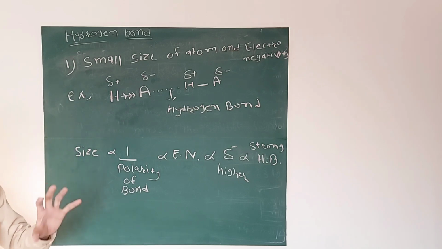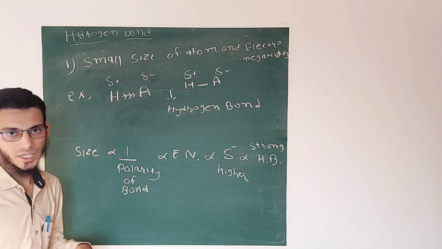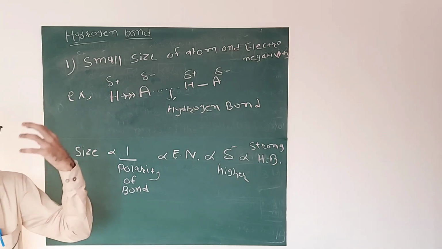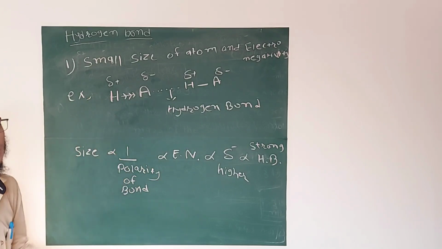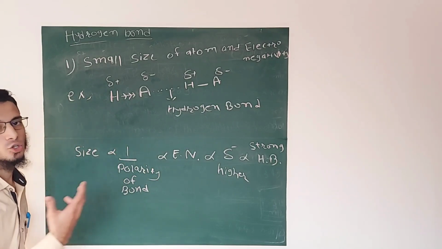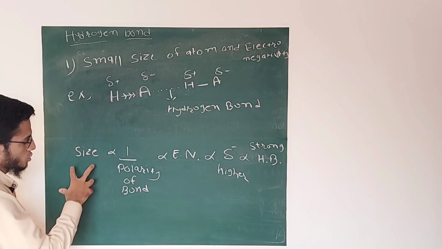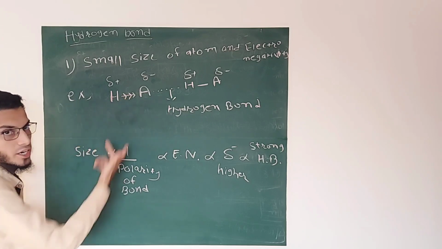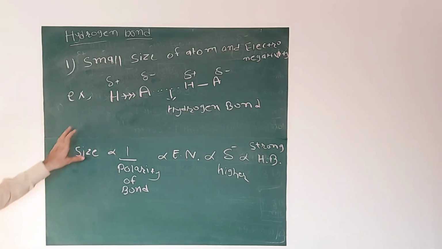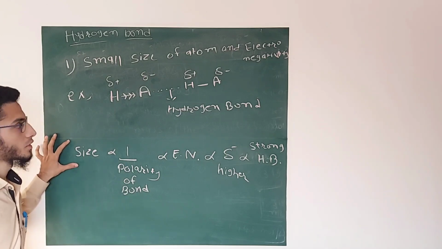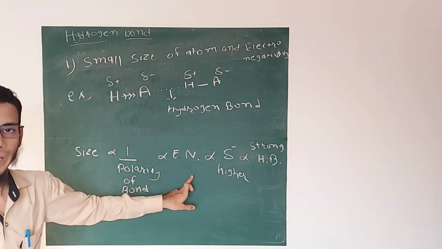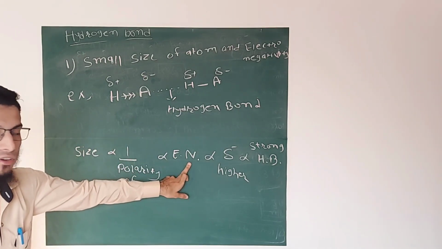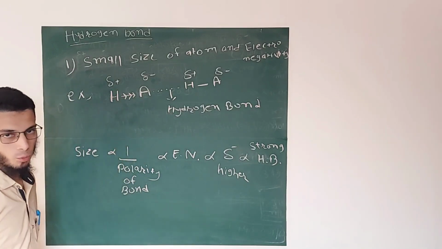Okay, you can see that in the atom there will be a nucleus, and this nucleus has attraction towards the electron cloud. The smaller the size, the more the attraction towards the binding electron. So the smaller the size, the greater the electronegativity, and the greater the electronegativity, the more the polarity of the bond. Why?